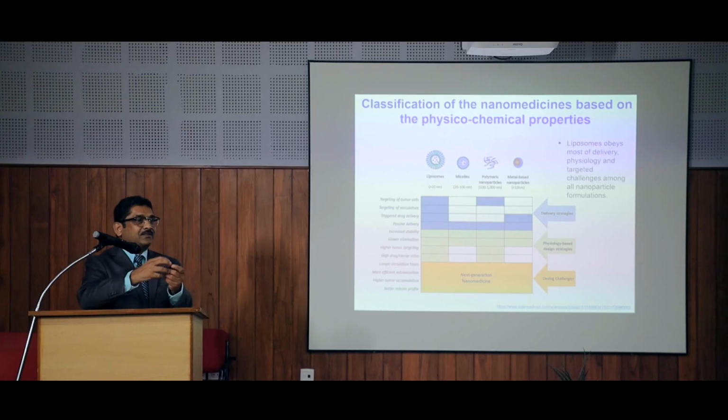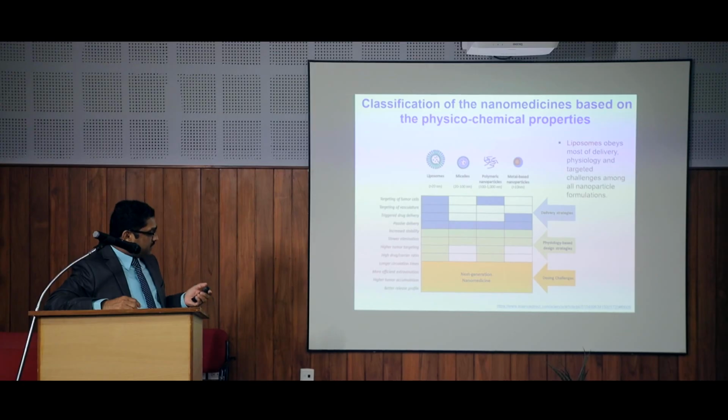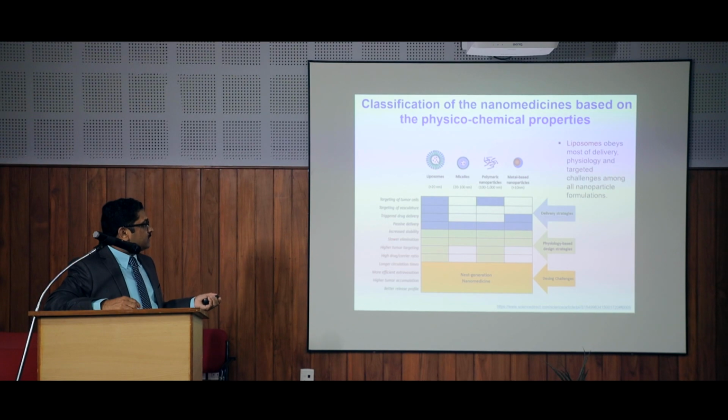At the tumor site there is more glutathione, so you make a nanoparticle such that in the presence of glutathione, the polymer network is dissociated or chopped and the drug is released. Other requirements are passive delivery, increased stability, and slower elimination.